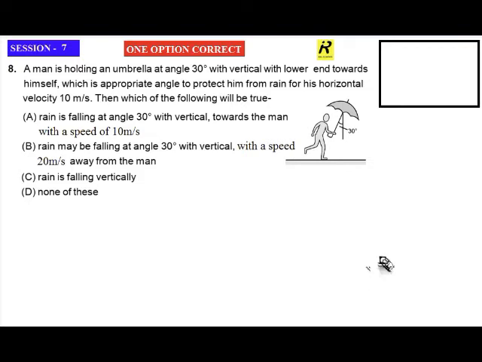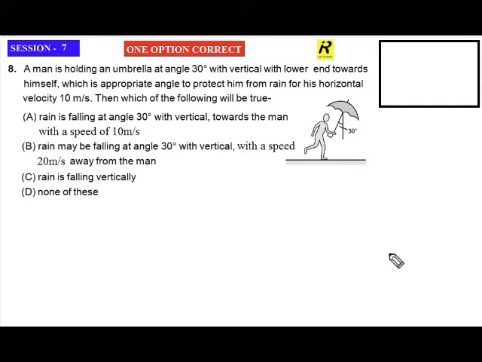So the boundary condition says this may happen. If this is the situation and this angle is 30 degree, it is a given condition. So we just verify what may happen.